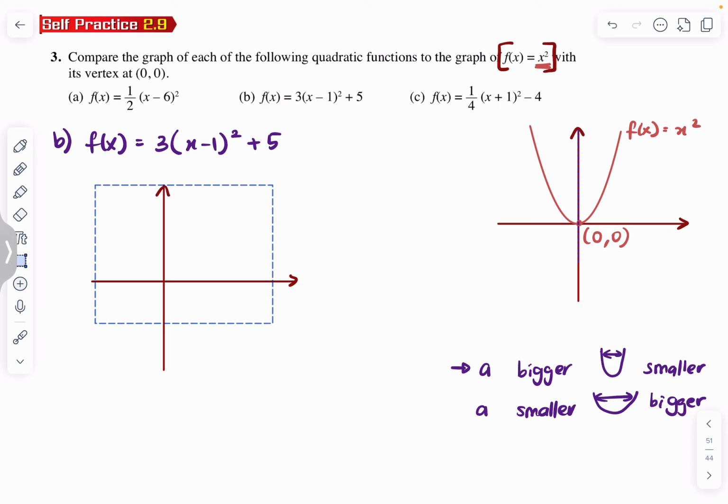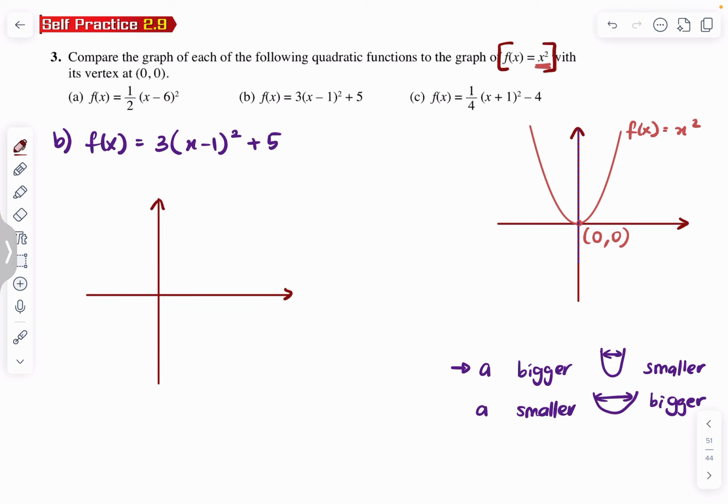Okay, so again the same thing here. Our vertex can be found from this and this. Okay, forget about the 3 first. So the vertex will be (1, 5). Okay, remember only the x you have to change the symbol. If negative, you have to make it positive. Y you just write it down straight. So our vertex is (1, 5).